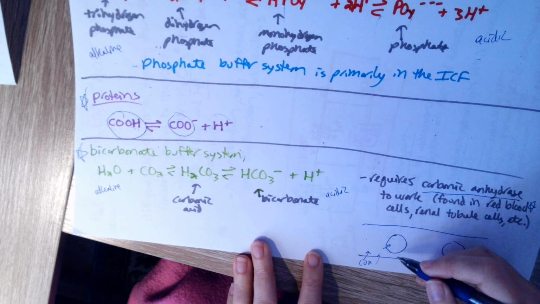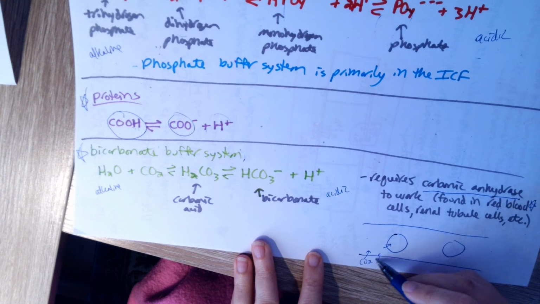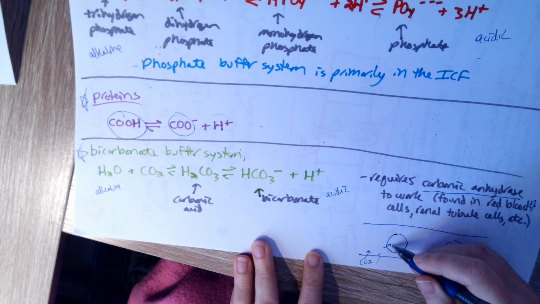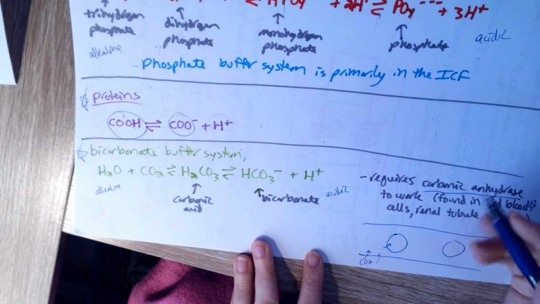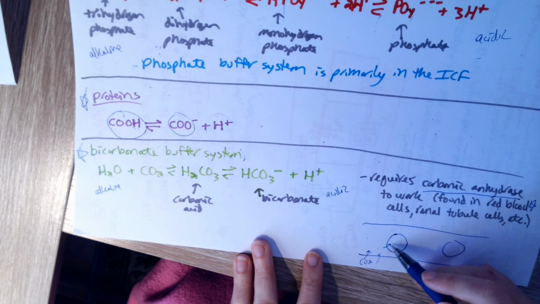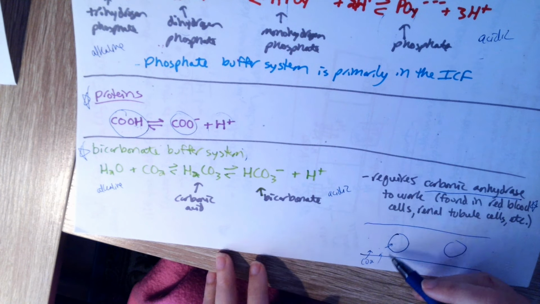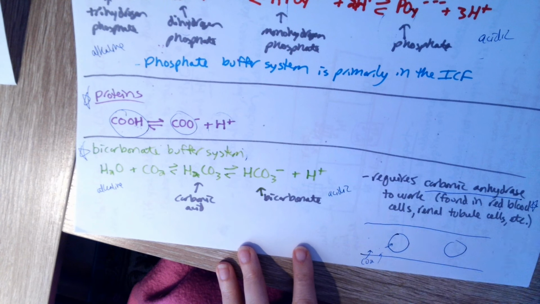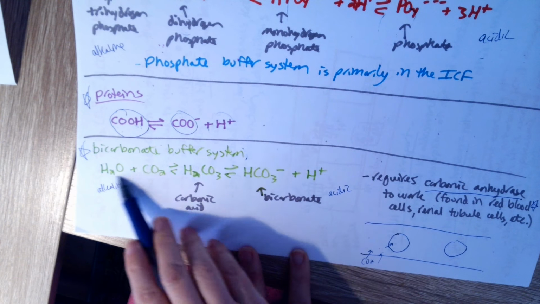So what's going to happen is the carbon dioxide comes out of the tissues into the blood plasma, and then it goes into the red blood cells where we find the carbonic anhydrase. Now, water is, of course, readily available wherever you happen to be in your body. It's all over the place, so this reaction can then run.